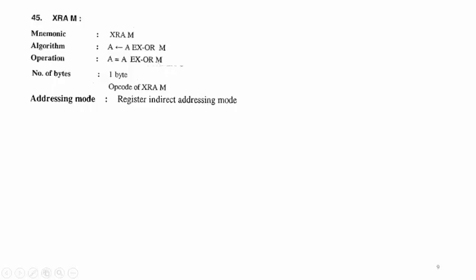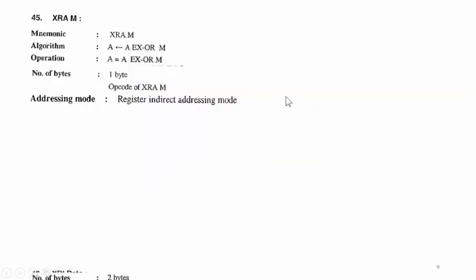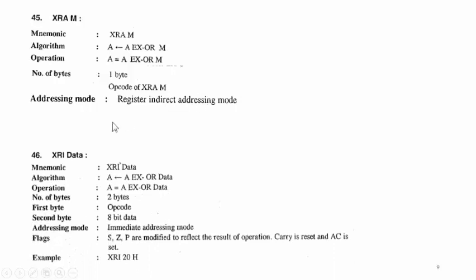So accumulator content gets XORed with memory pointed content. That's why the addressing mode is register indirect addressing mode. Size of the instruction is 1 byte. Only a single byte opcode you will get for this XRAM instruction.